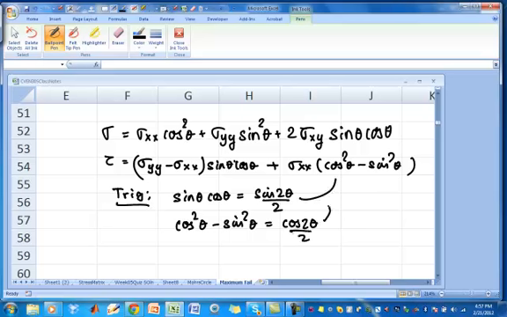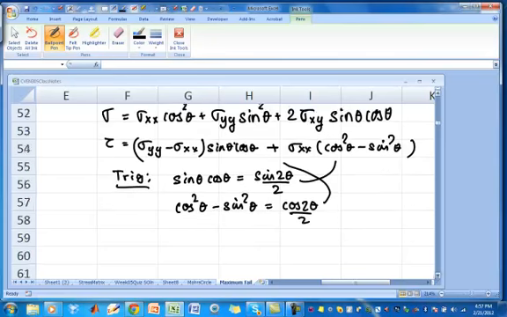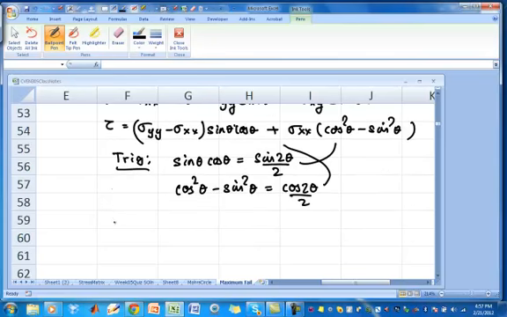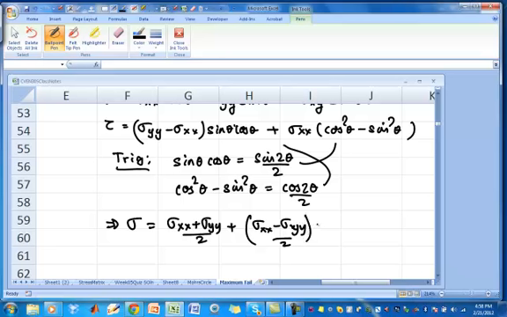So plug all these things here, do some fairly simple algebra, and you will get a much nicer version. Sigma equal to sigma xx plus sigma yy over 2, plus sigma xx minus sigma yy over 2 cos 2 theta, plus tau xy sin 2 theta.